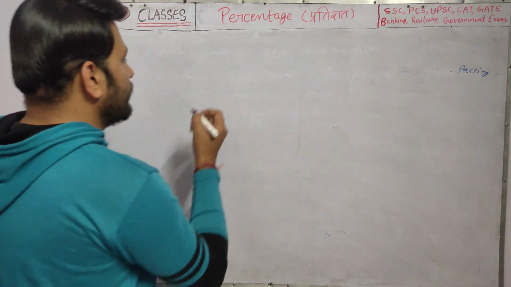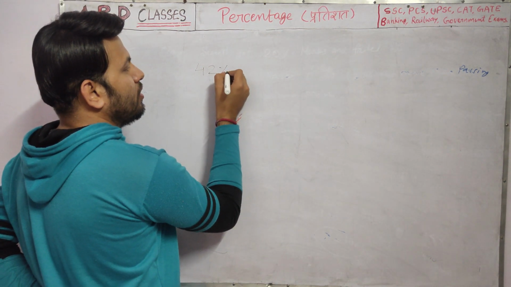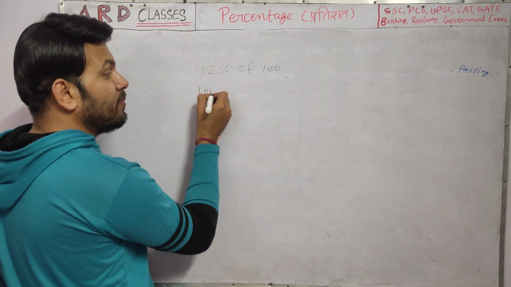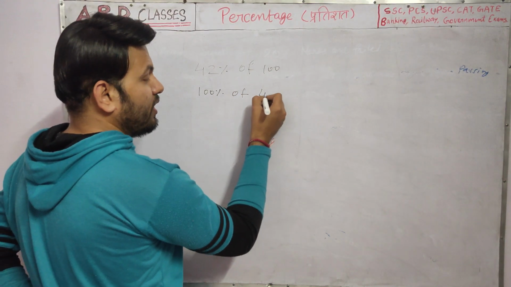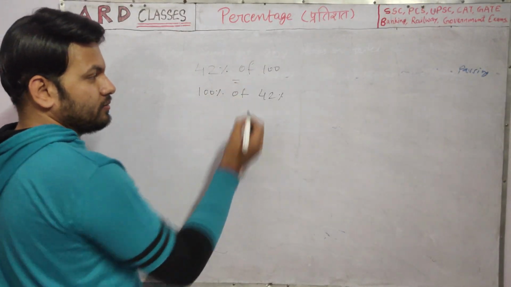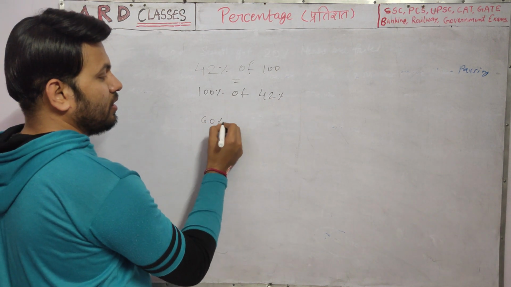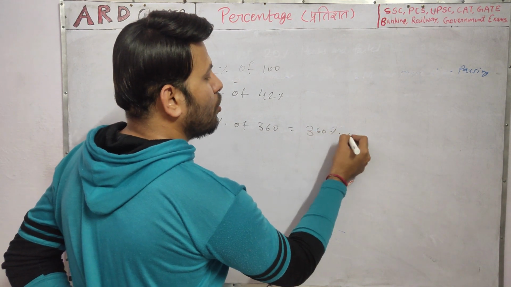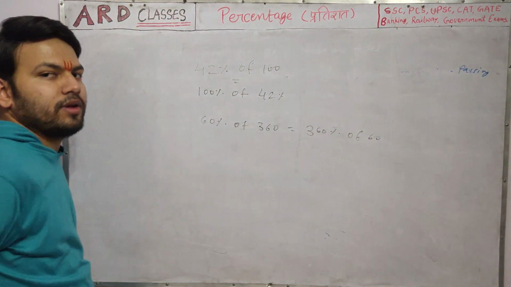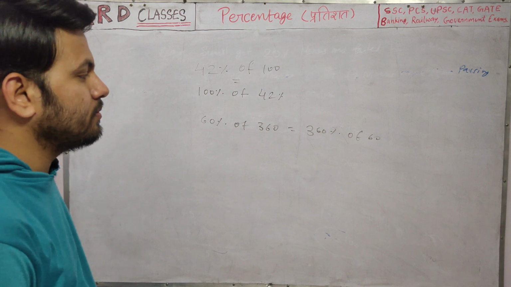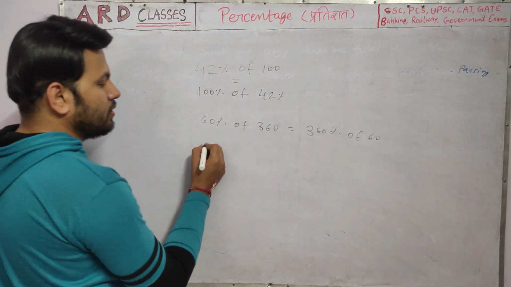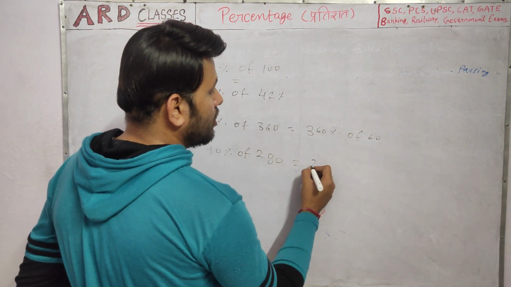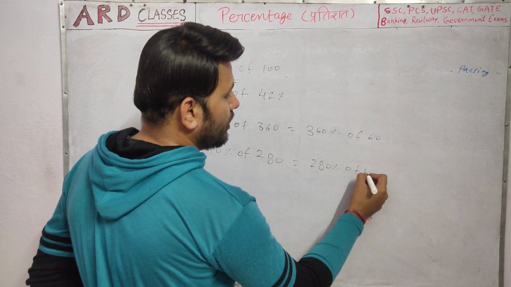One thing I would like to tell you, if I am saying 42% of 100, you can similarly say 100% of 42. It will be equal. 60% of 360, you can say 360% of 60. It will also be equal. 40% of 280, it will be 280% of 40.